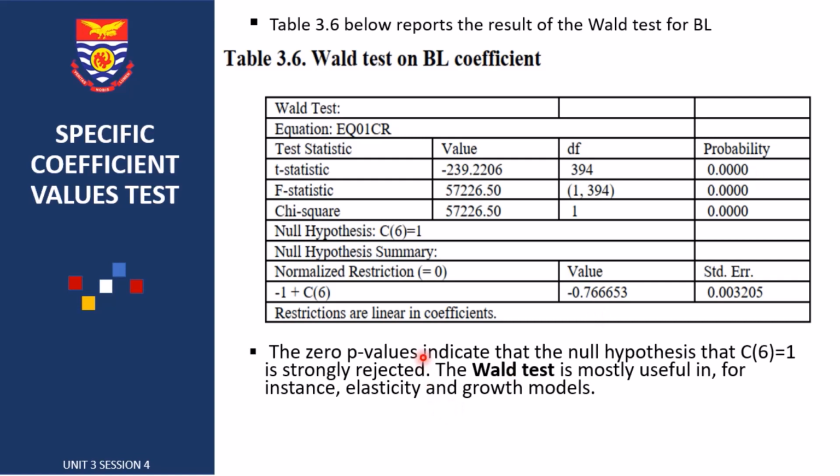So the zero p-value indicates that the null hypothesis that C6, which is the BL or the bank balance parameter, is equal to 0, and therefore we reject that. We strongly reject that hypothesis.